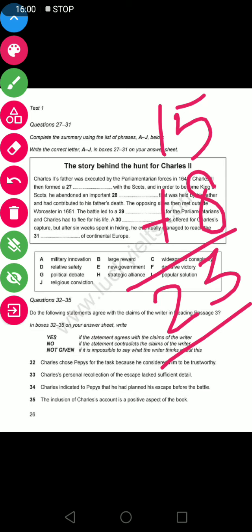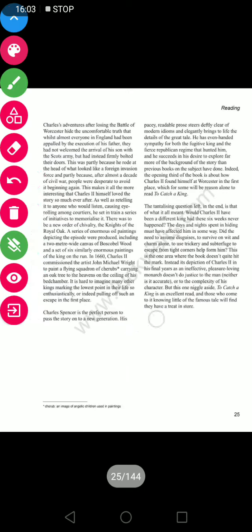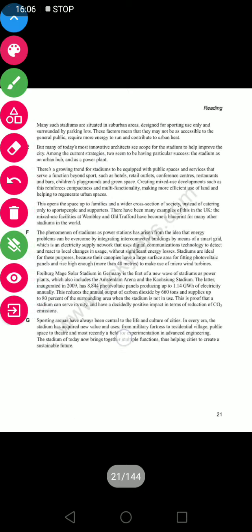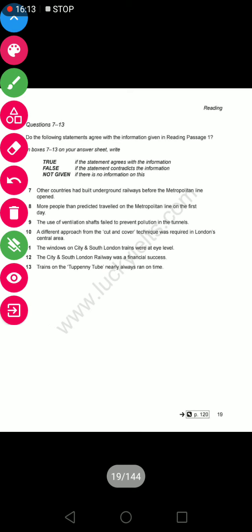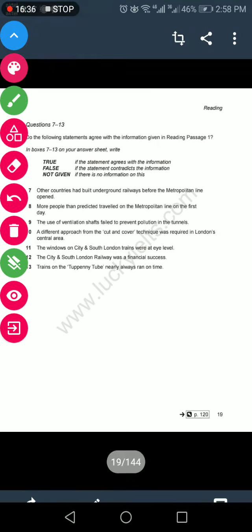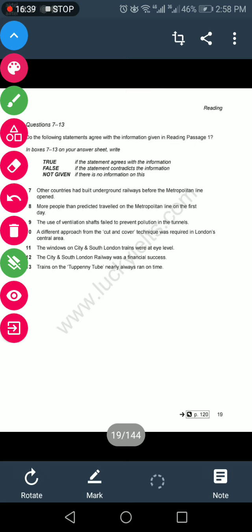So after that you have to focus on yes, no, true, false type questions, because these are simple type questions, and we can easily get the idea whether the statement is true, false or not given. In case the information given in the statement and in the paragraph is similar, it means our answer is true. And if the information in the statement is different from the passage, it means the information is contradictory, so your answer must be false.